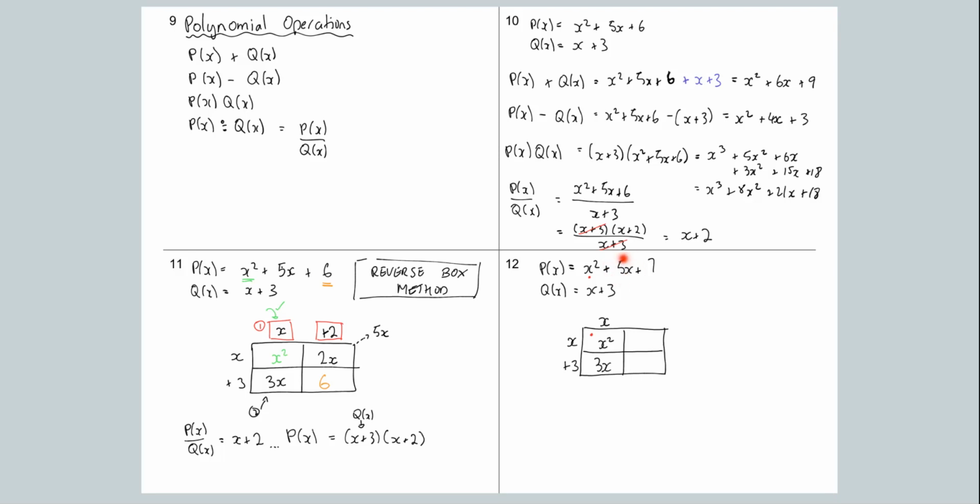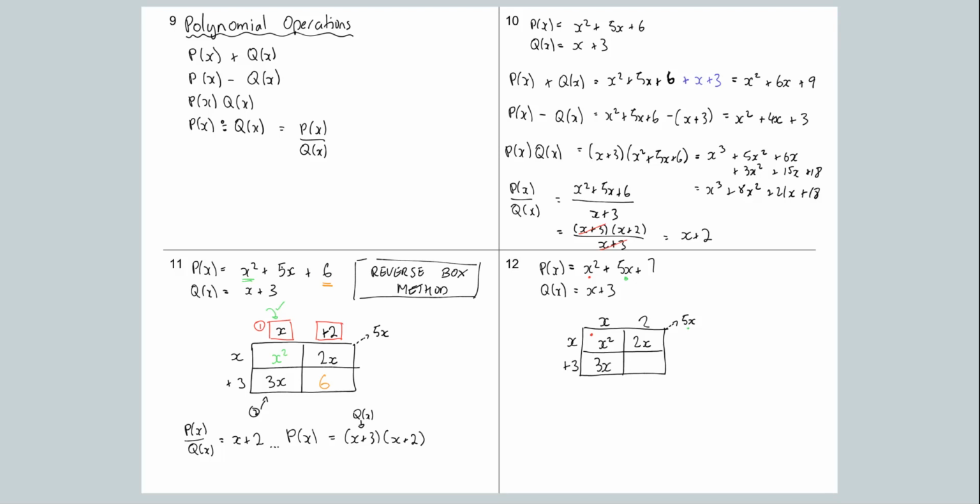I look at my middle term, it's 5x, and I know that across the diagonals here, that has to add up to 5x, like so. So I can fill out the top box here, and it's 2x. I can now fill out this part here because x times what will give me 2x, and of course the answer is 2.